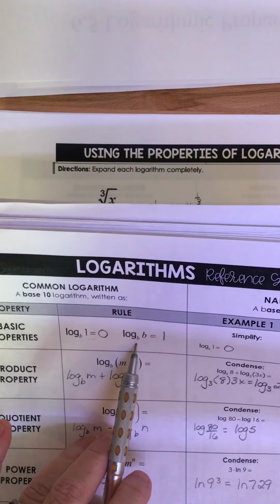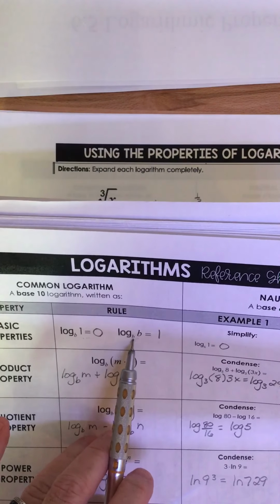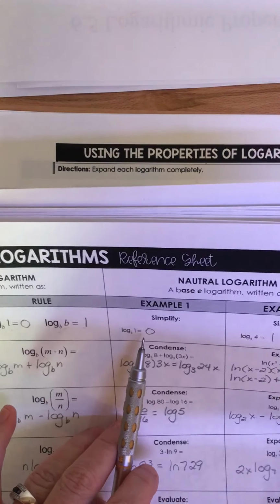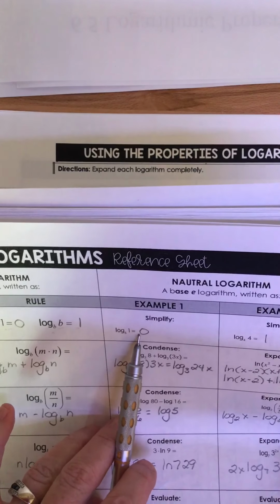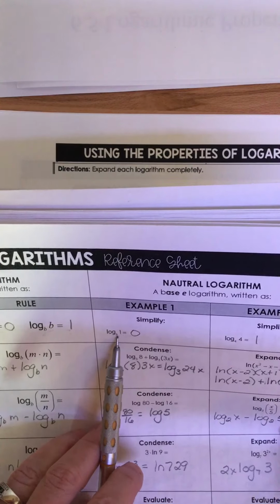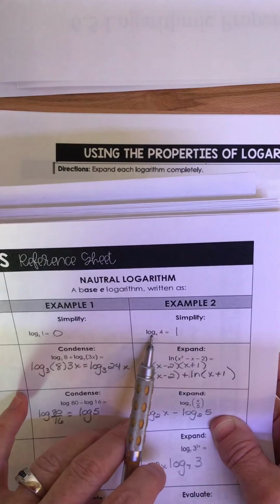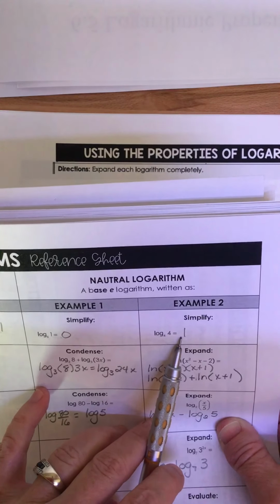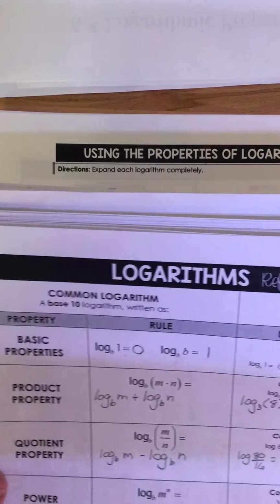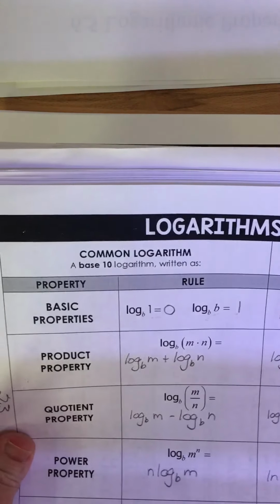And then we have anything to the first power equals that. So log base b of b is always going to equal 1. And then on this one, here's the examples. If we've got log base 6 of 1, that equals 0. On this one, log base 4 of 4, that equals 1. So these are ways to be able to evaluate logarithms using these basic properties.